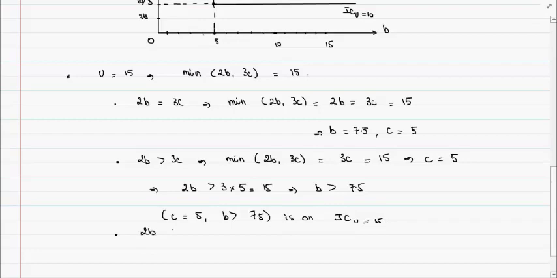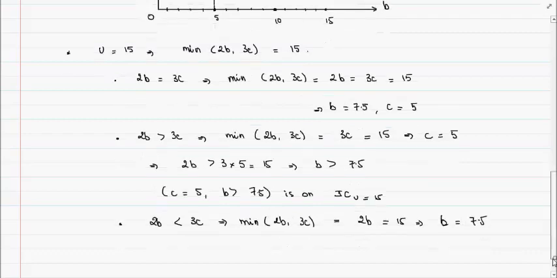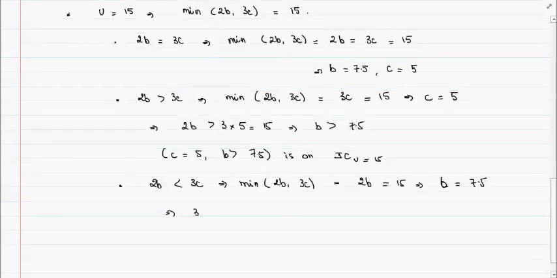Okay, and the last case is where 2B is smaller than 3C, then the minimum of 2B and 3C is just equal to 2B, and that has to be equal to 15. So B will be equal to 7.5. And we also want 3C to be bigger than 2B, with B equal to 7.5, so that is 15.